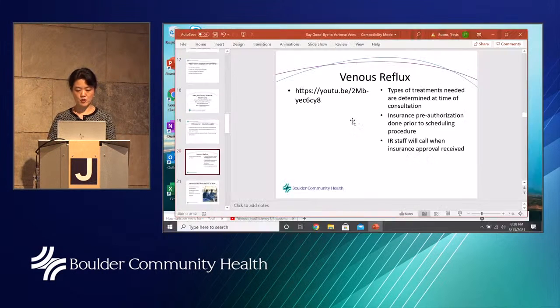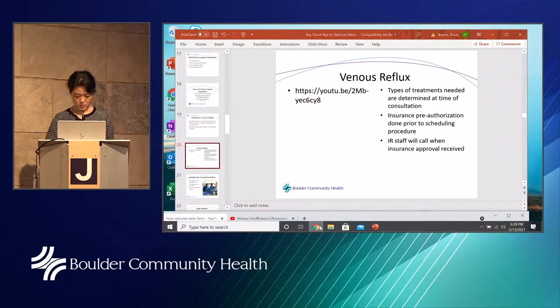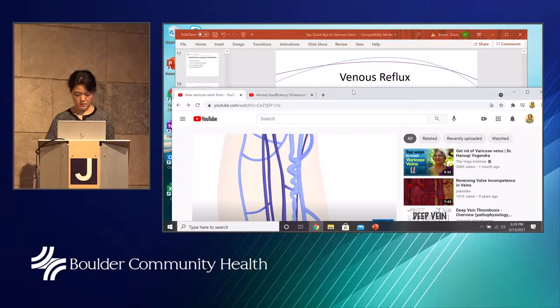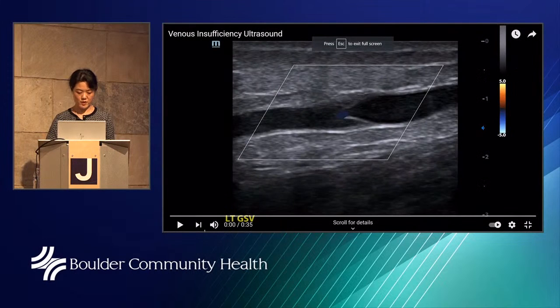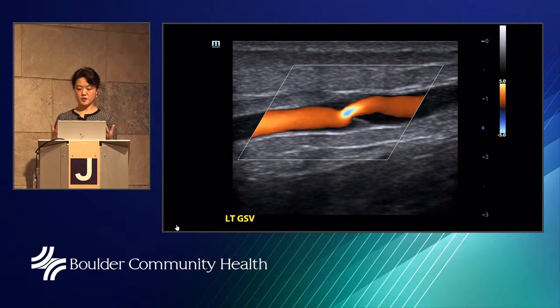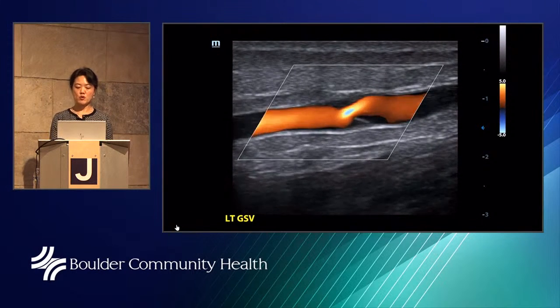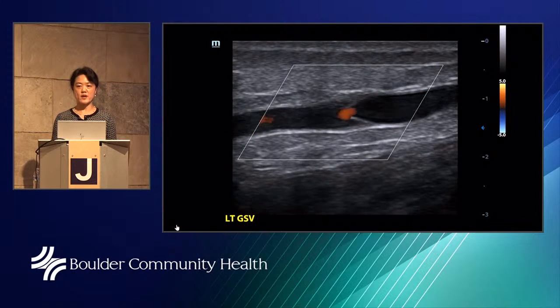So I will show you an ultrasound video that I think also shows very clearly what exactly we're looking at on ultrasound. This ultrasound doesn't come with any volume or speak, so I will just show you. This is flow. The orange is in the correct direction, and the blue is in the incorrect direction.